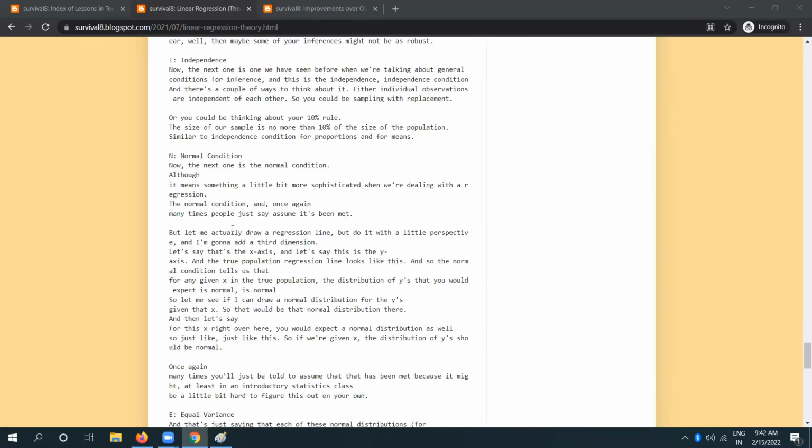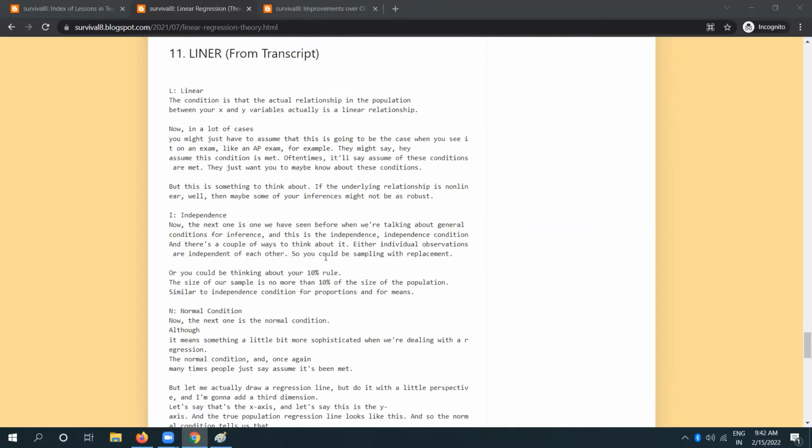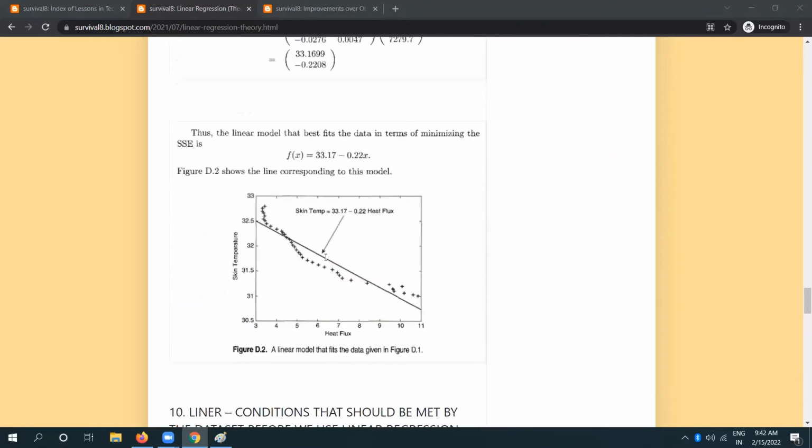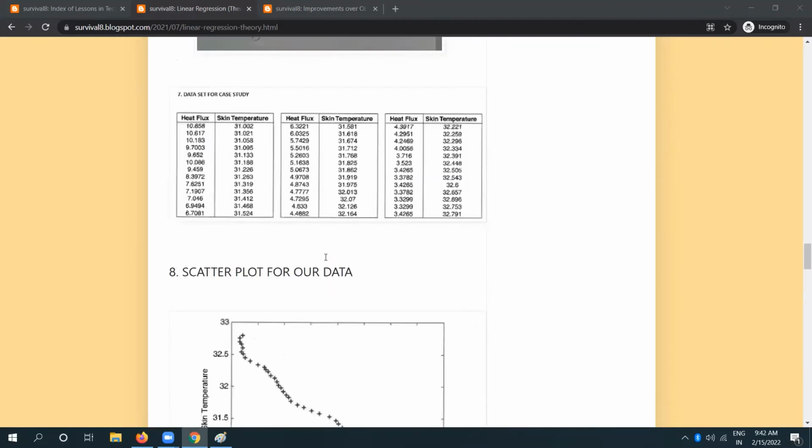We are talking about general conditions for inference. Individual observations are independent of each other. What it's trying to say is that you have taken these data points, let's say heat flux and temperature. Whatever data point you pick from this data set, be it 3.732 or 5.531, they are independent of each other.